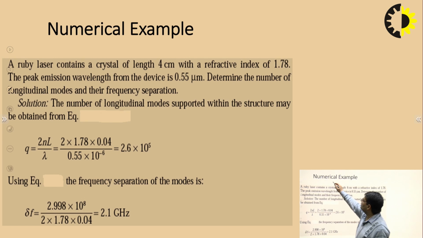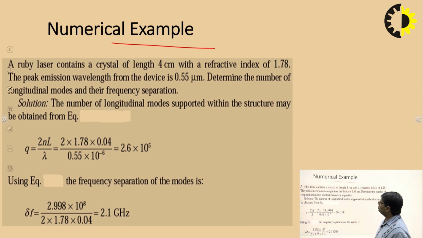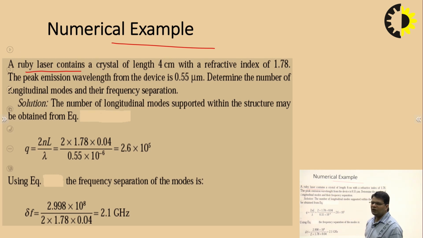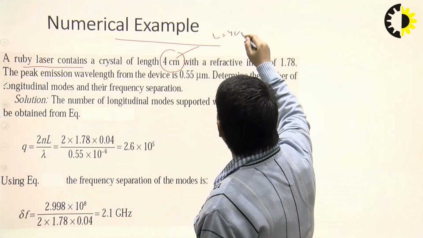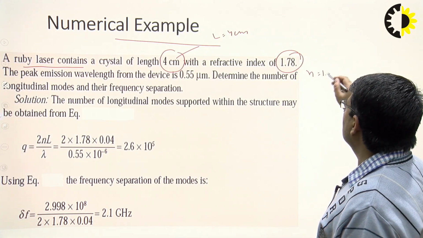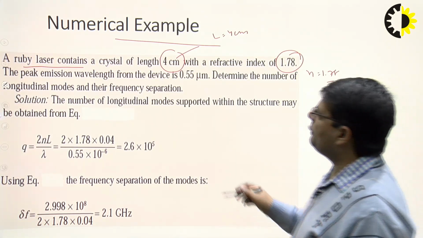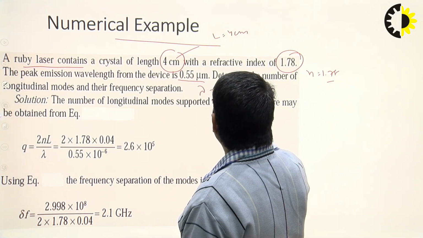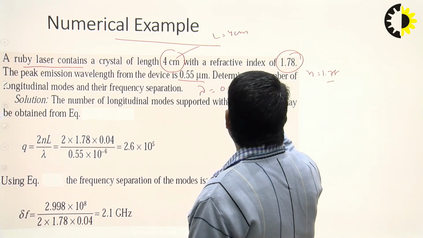One numerical example is there over this topic. We have a crystal ruby laser, that means we are using a crystal as the amplifying medium, where the length of the cavity is L equal to 4 centimeter, refractive index N equal to 1.78, and peak emission wavelength lambda equal to 0.55 micrometer.